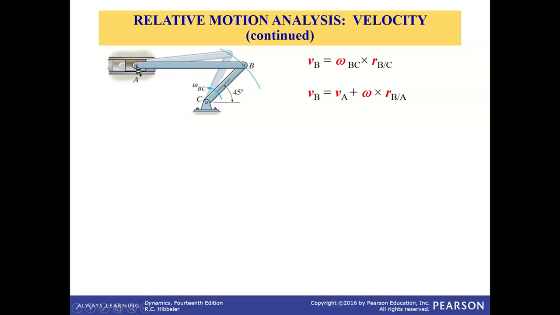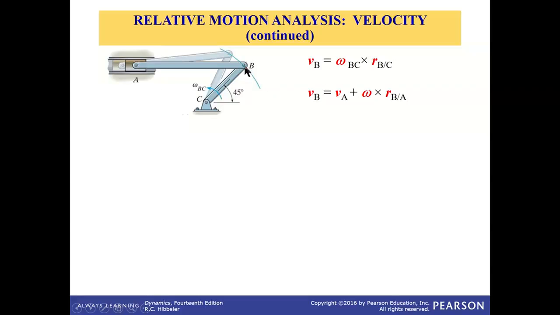So if you stand at A, you will see that B is rotating with respect to A. So the velocity of B can be calculated using this equation, that absolute velocity of B is velocity of A, this reciprocating velocity, plus velocity of B with respect to A, which is omega AB cross RB with respect to A. If you look at the direction of this vector, it's the arrow which goes from A to B. So B relative to A.